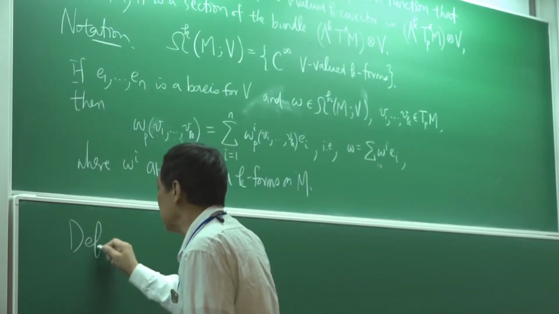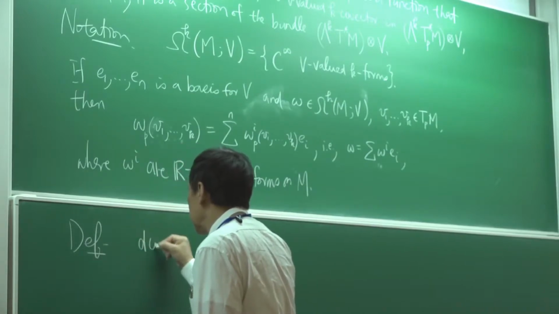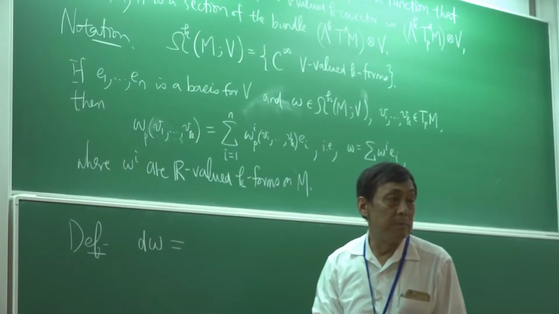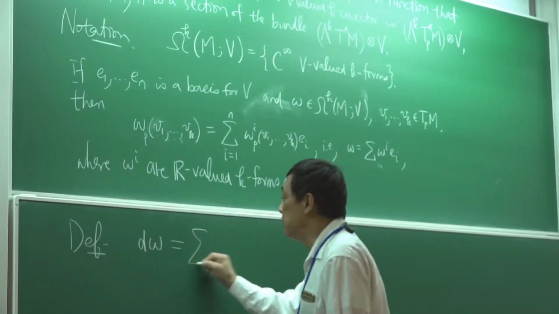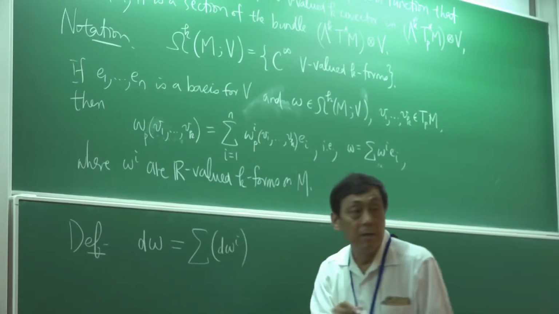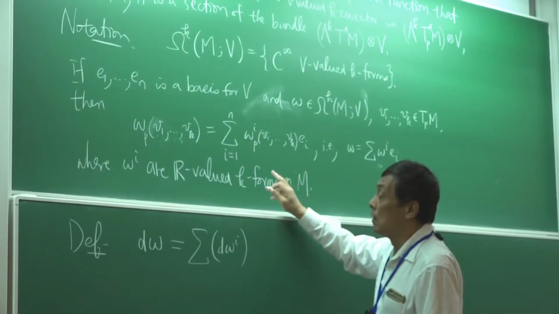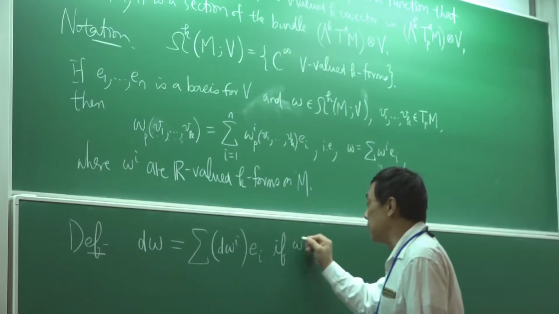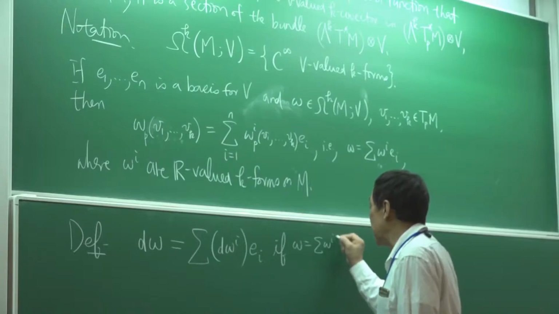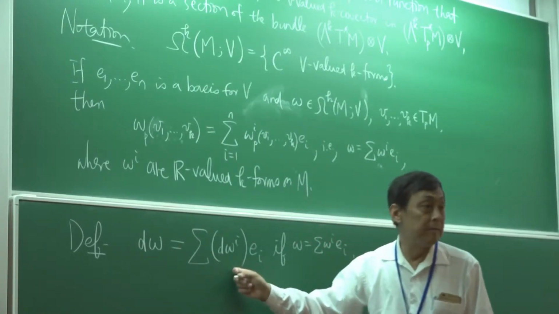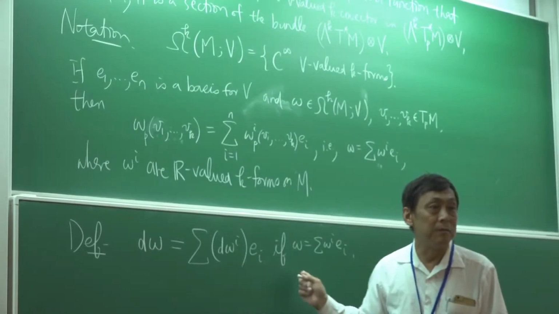This allows us to define the exterior derivative of a vector-valued form. It will just be the exterior derivative of the coefficients times e_i. So if omega is the sum of omega_i e_i, then d omega is just differentiate the coefficients.